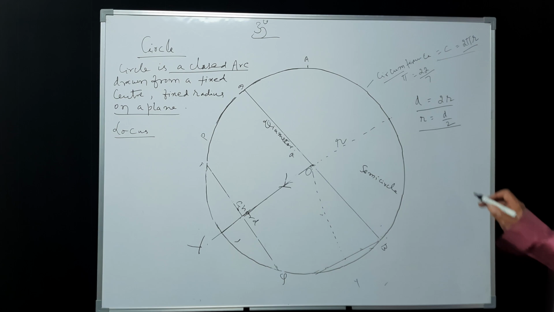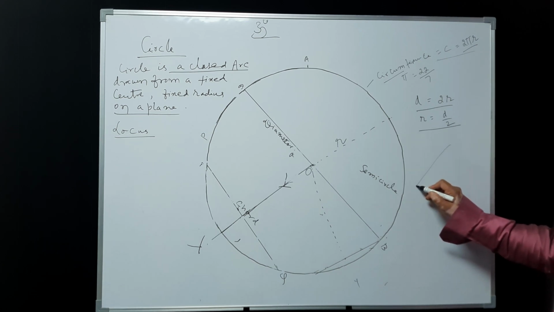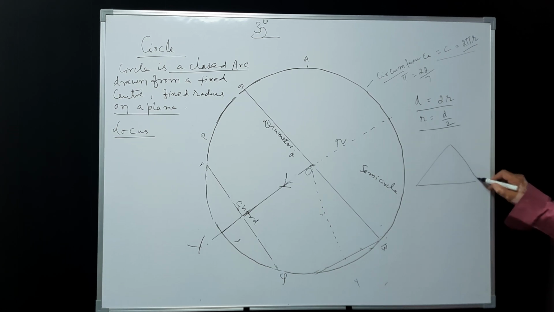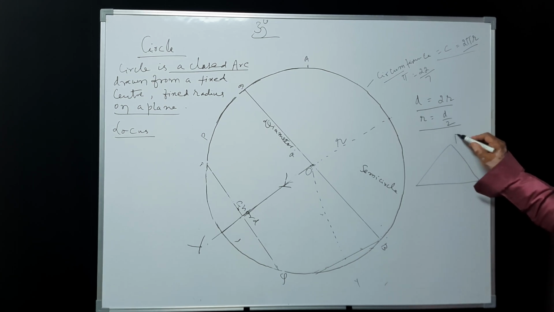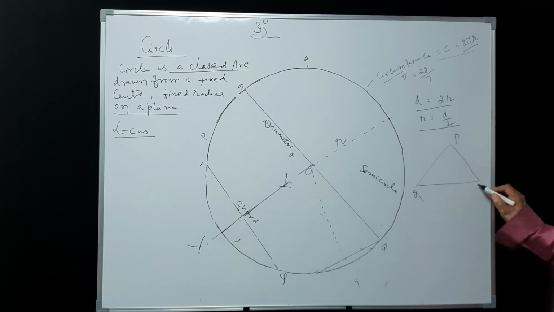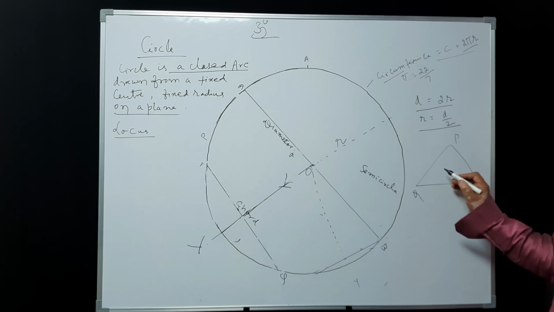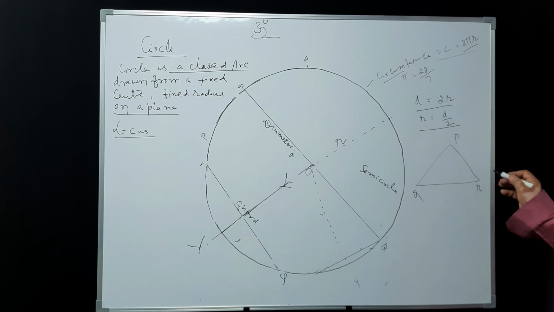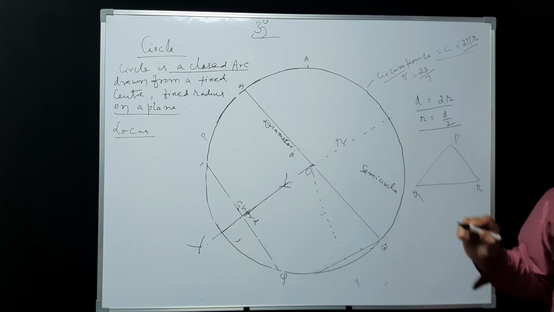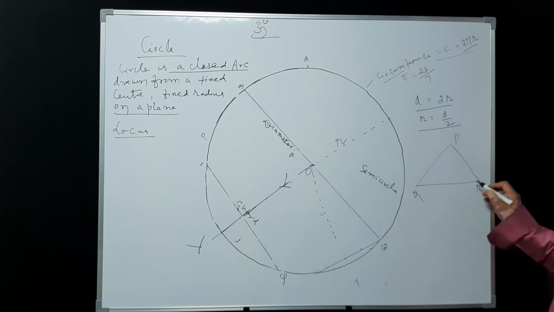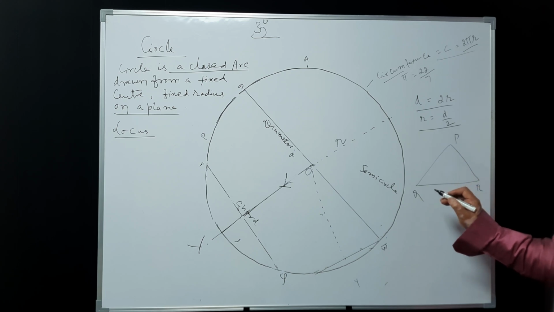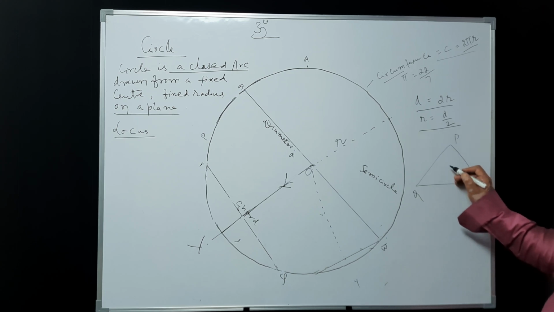Suppose there is a triangle, usually everyone knows it. Suppose you want to draw a circle around the vertices of the triangle. Then we can treat each side of the triangle as one chord and draw the perpendicular bisectors.